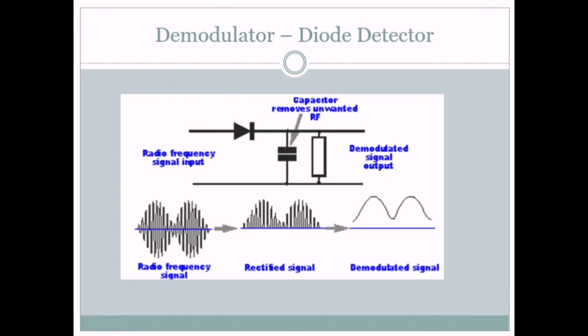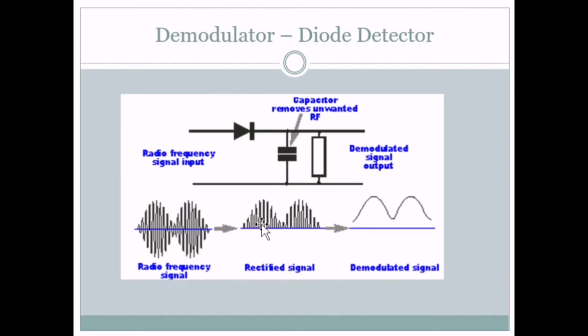We're going to look at the demodulator circuit. This is the simplest demodulator circuit. We call it a diode detector, because it uses diodes. The purpose of the diode is to rectify the signal. From the AM signal here on your left side, after it goes through the diode, it will look like the middle figure.